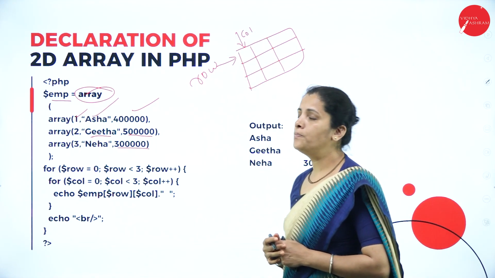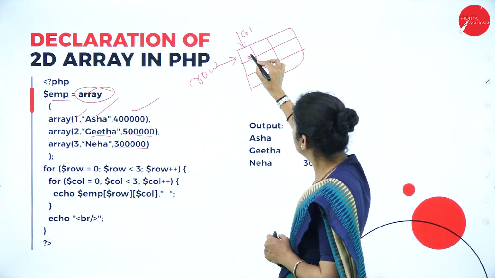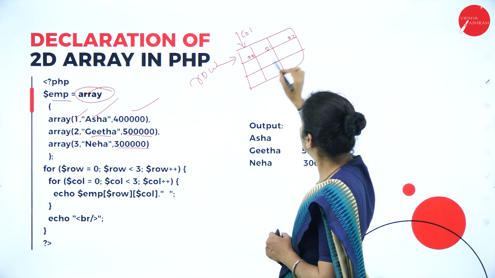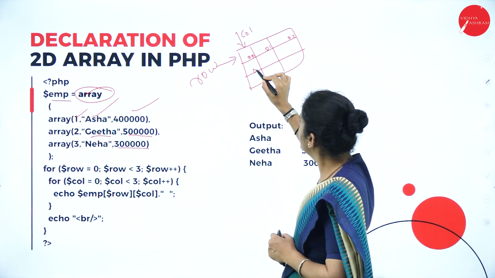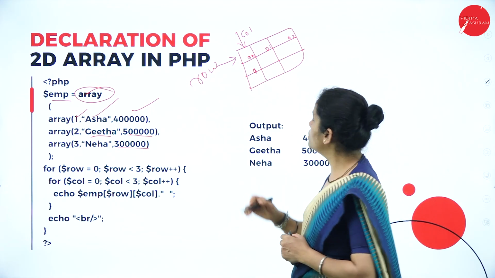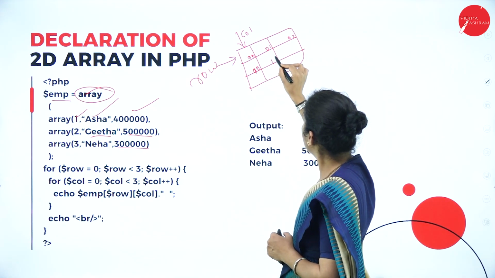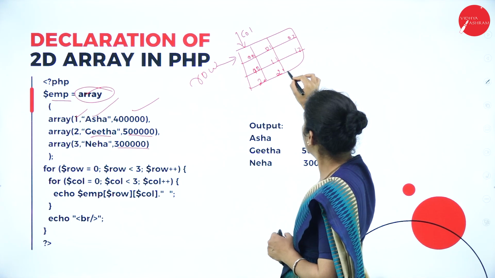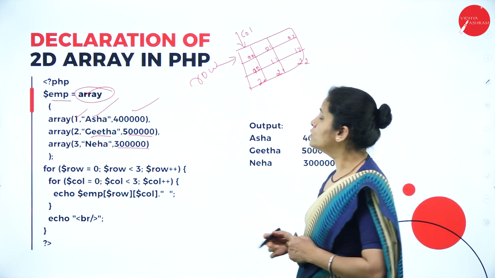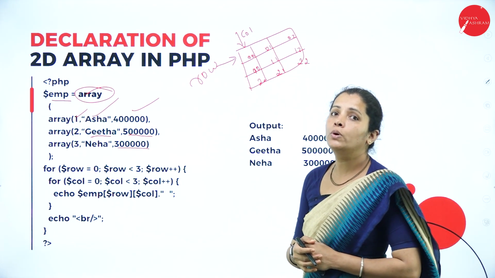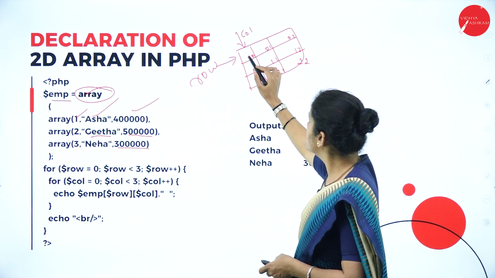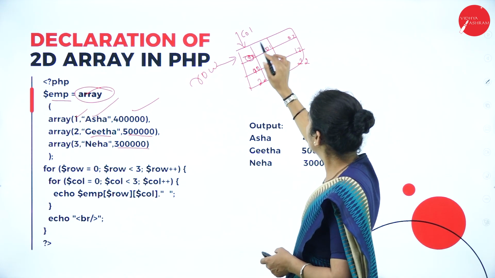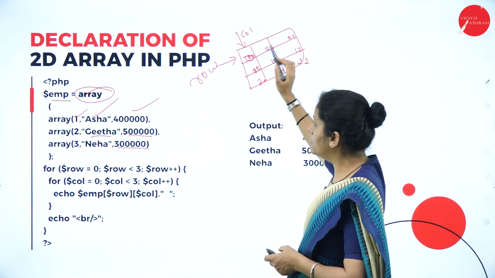So if I write the indexes: 0,0, 0,1, 0,2. Now I'm going to increment the row index: 1,0, 1,1, 1,2. Next 2,0, 2,1, 2,2. So first I'm going to start with the row, then increment the column.